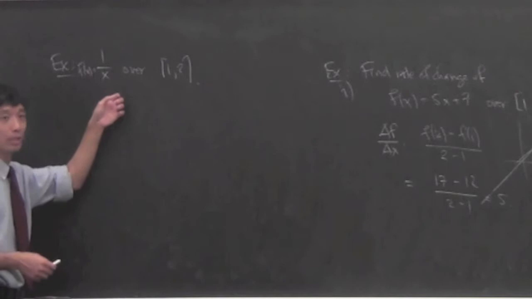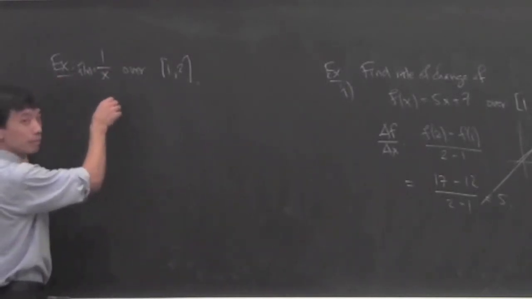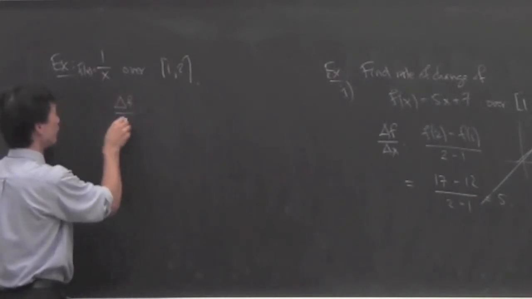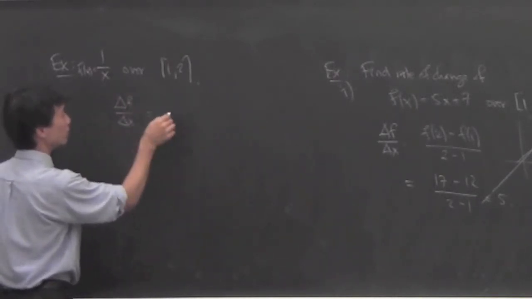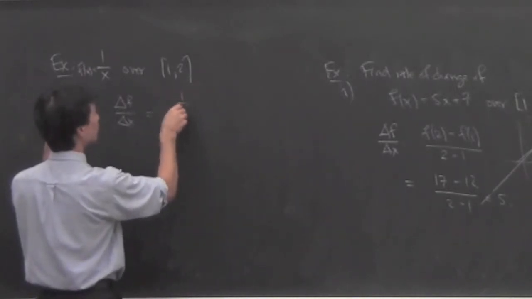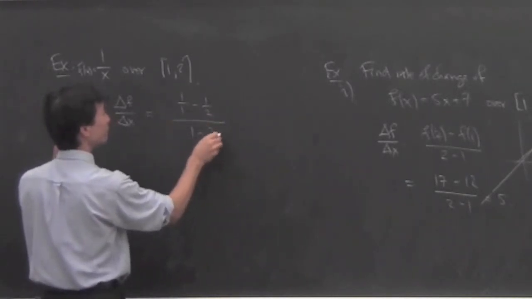Okay, I'm going to make you do it. How do we do it? What's the rate of change? When you plug in, it would be 1 over 1 minus 1 over 2, over 1 minus 2.